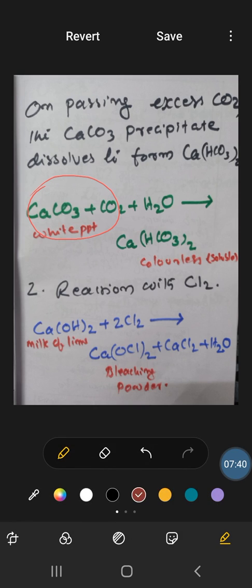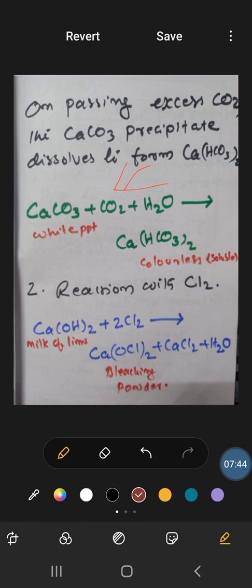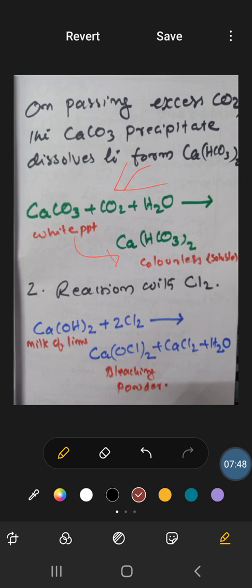If you continue passing carbon dioxide gas, then white calcium carbonate becomes colorless calcium hydrogen carbonate. That means the milky appearance of the solution will be converted into a colorless solution. Okay.